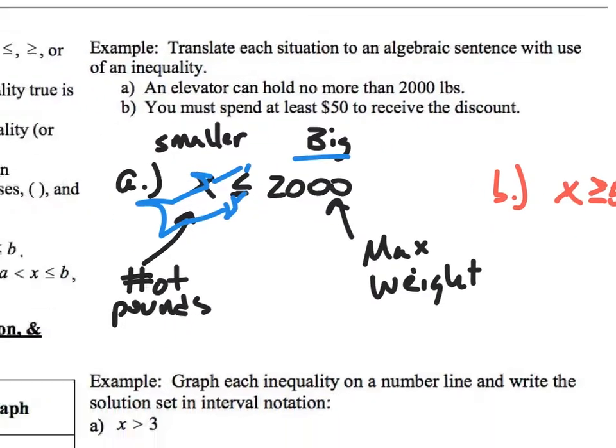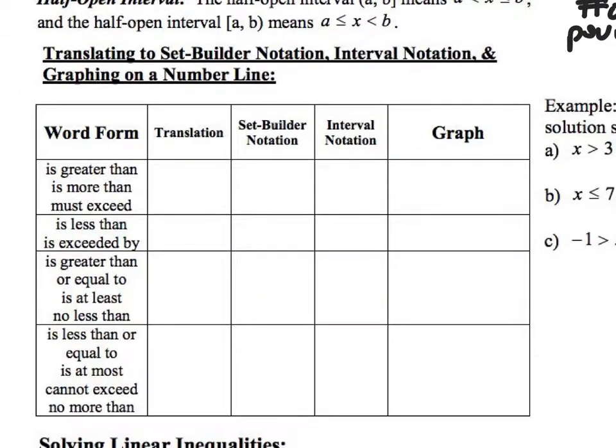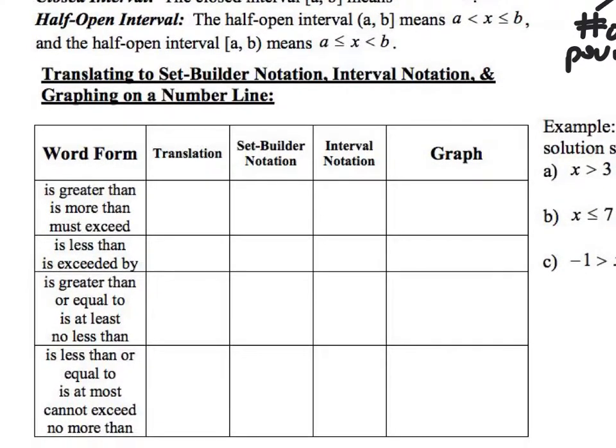All right, so now let's take a look here. I want to talk to you guys about translating set builder notation, interval notation, and graphing on a number line. I want to take this top part here and read it, and this says word form.